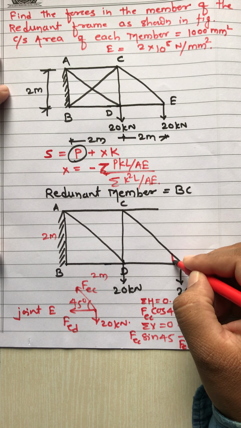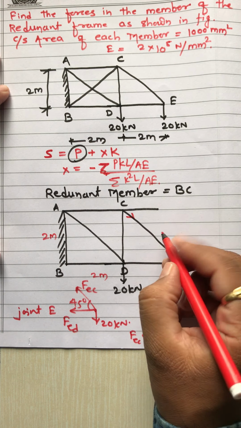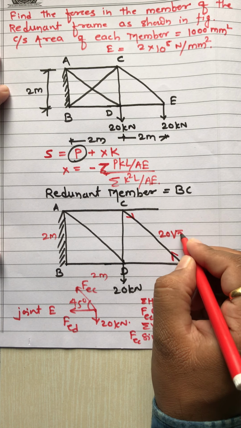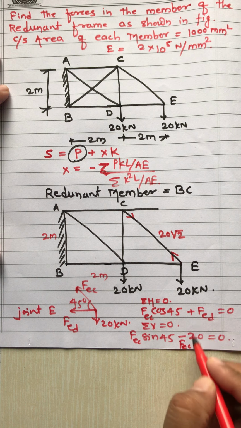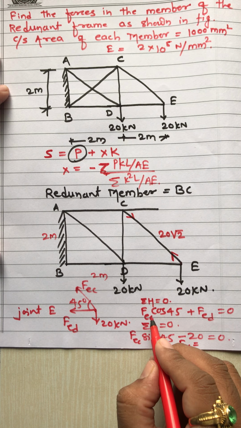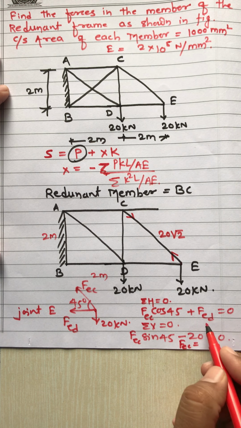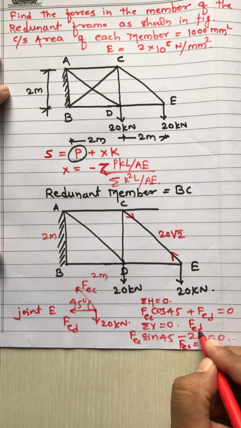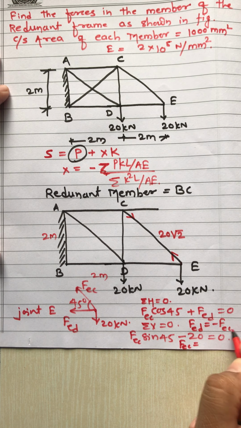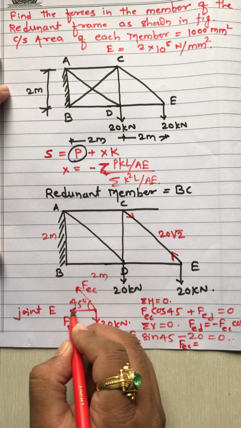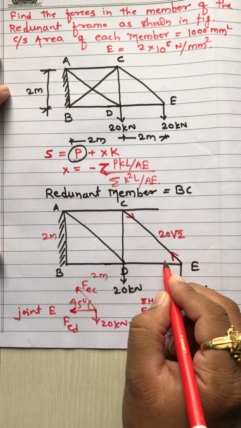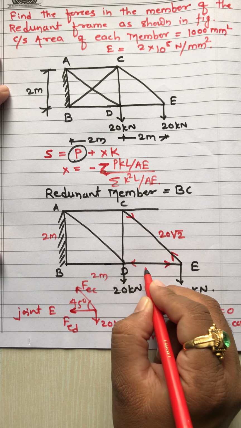Now if you put the positive answer here, FED equals minus FEC cos 45, so FED becomes 20. So the assumed direction is wrong, this must be this side, 20.